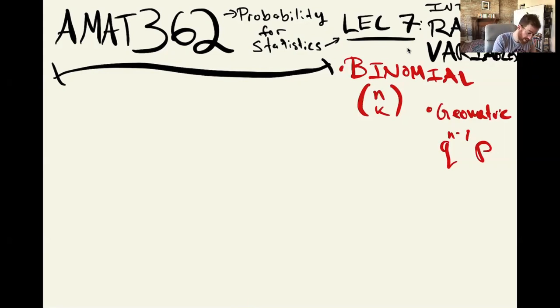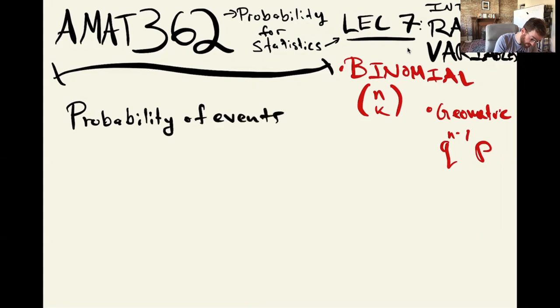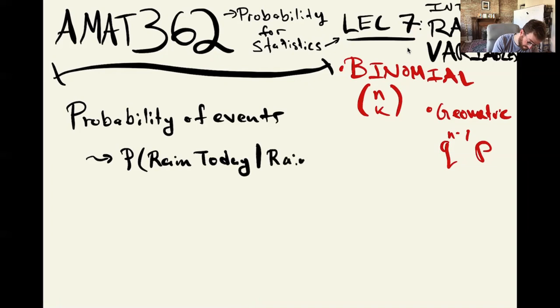Up until now, we've been talking about essentially probability of events, sort of in the abstract. These are things like, what's the probability that it's going to rain today, given that it rained yesterday? Now, of course, these are kinds of problems we address all the time.